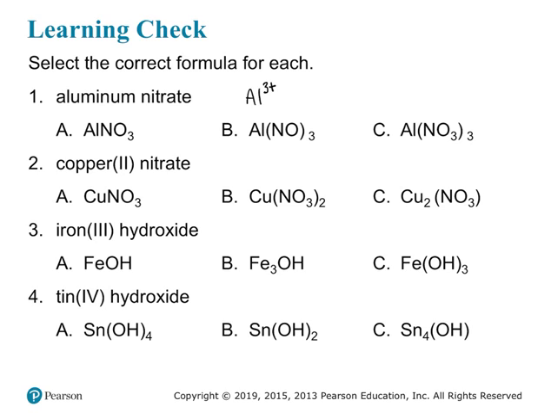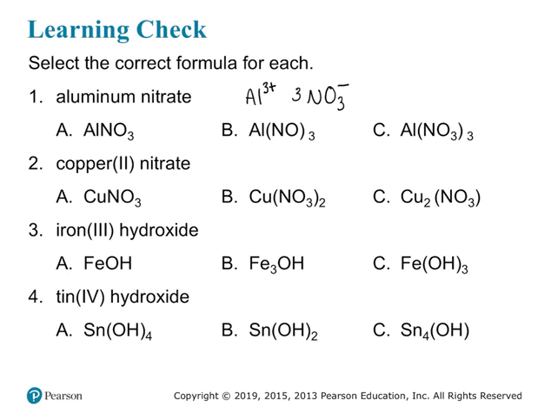If we look up in our table what nitrate is, it's NO3, and then it has a -1 charge. Okay, so how many nitrate ions do we need to balance the charge on aluminum? 3. Okay, so now if we look at our options, we need 3 nitrates and 1 aluminum.